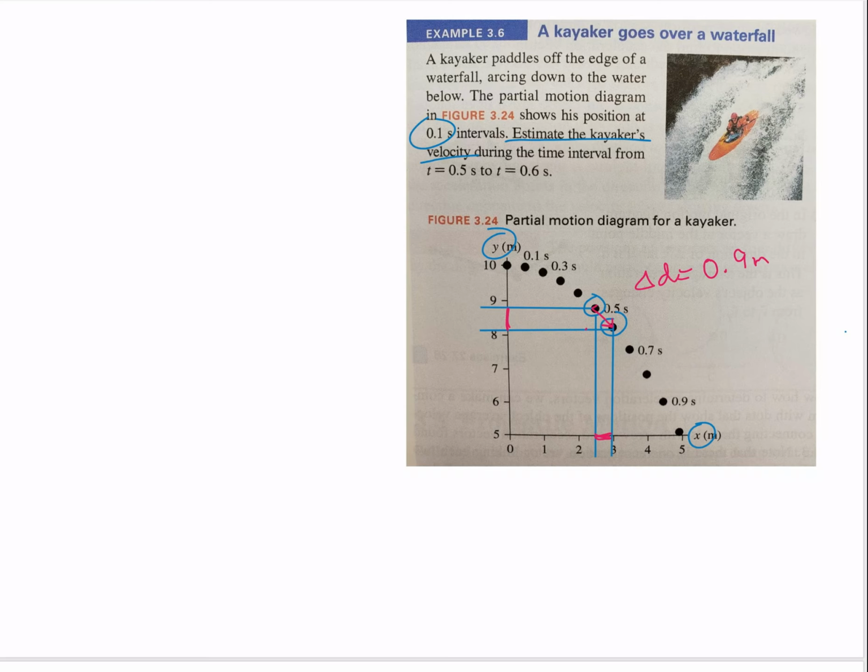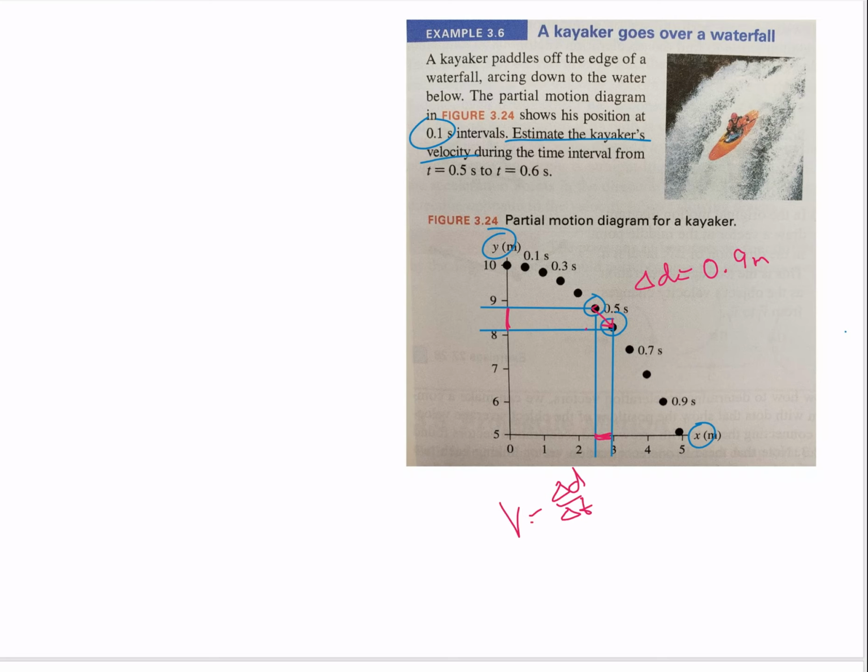So that's the length of the vector right there. So then over delta T. So that's the velocity. Velocity equals delta D over delta T. So 0.9 meters over 0.1 seconds.